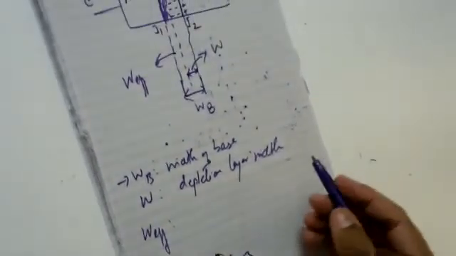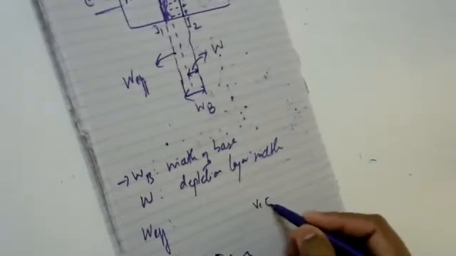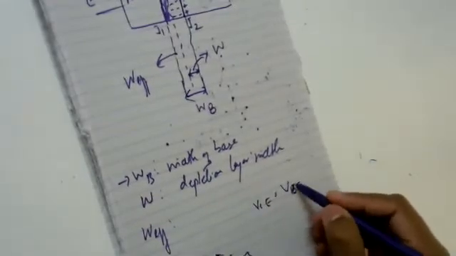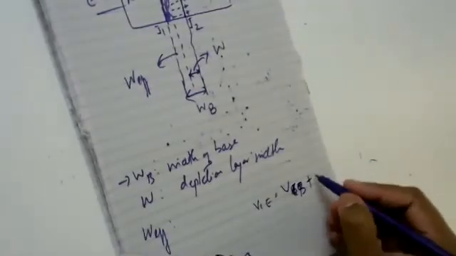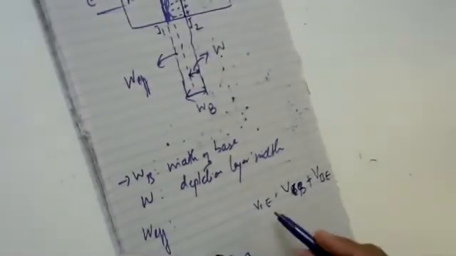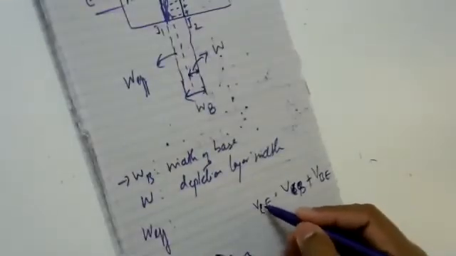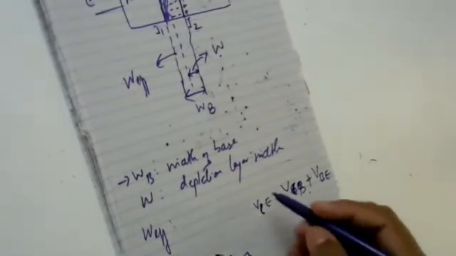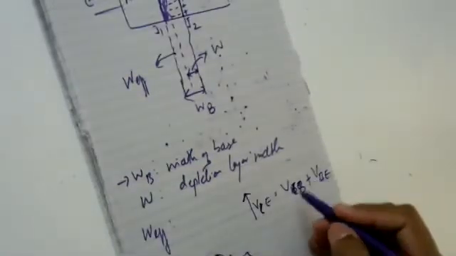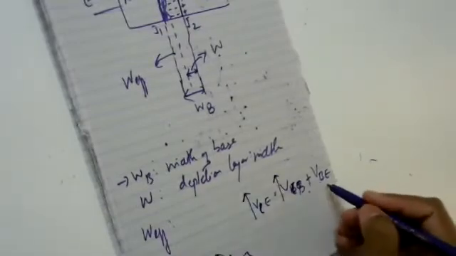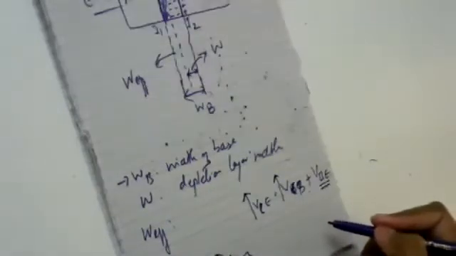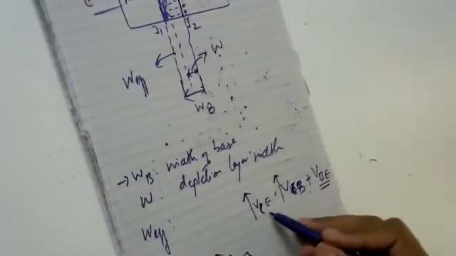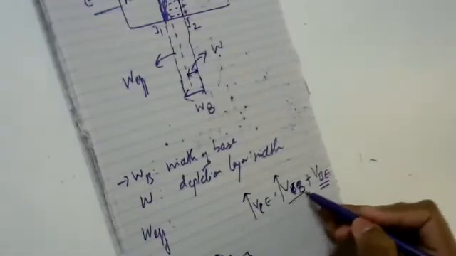Because we know that VCE is equal to VCB plus VBE. Now, as I'm increasing this VCE, VCB also should increase, because VBE is a fixed voltage. So as VCE is increased, VCB also increases.